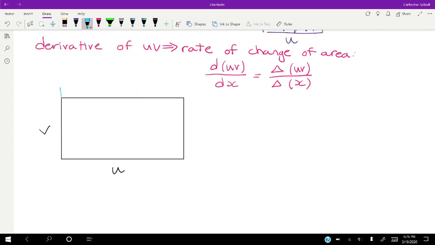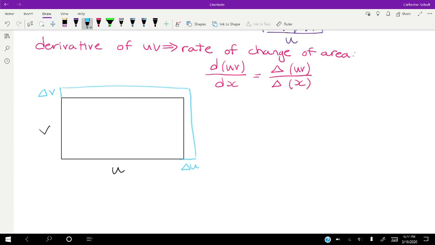There goes my nice square, but that's okay. If we're going to change the area, we're going to change the rectangle, making it either bigger or smaller. In this case, I made our rectangle get bigger. So this side right here would change by v, and this side right here would change by u.